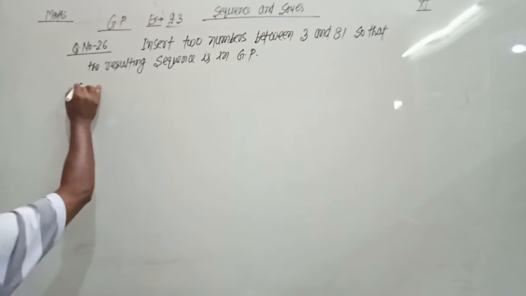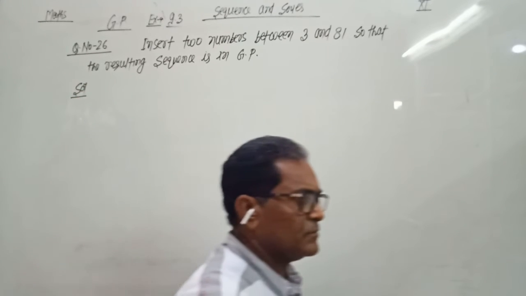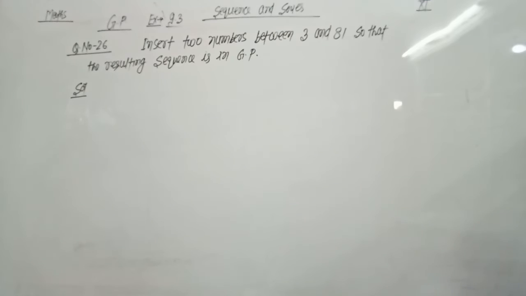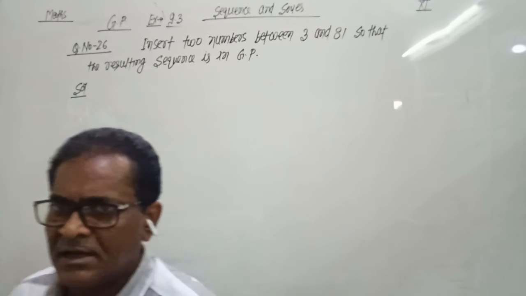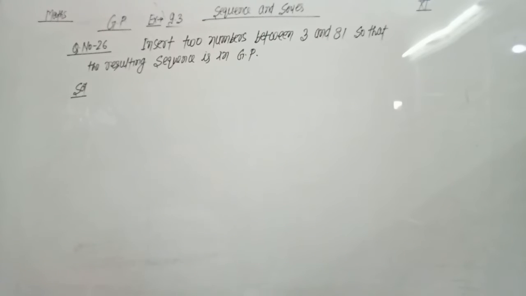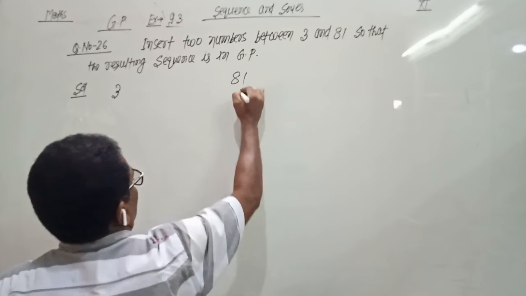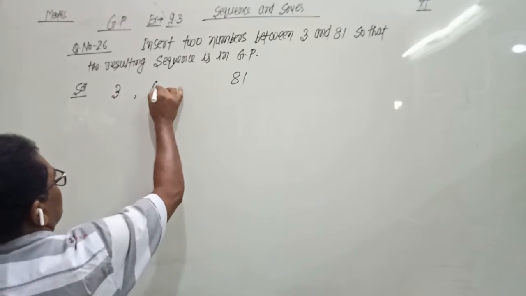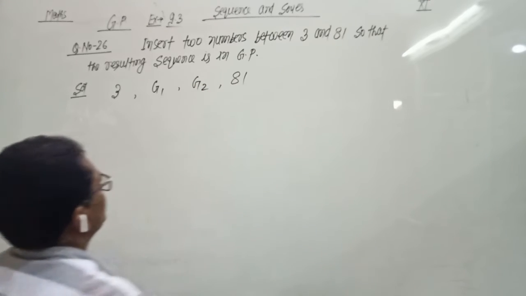So we are given two numbers 3 and 81 and we have to insert two numbers between 3 and 81 such that the resulting sequence is in GP. Suppose the two numbers inserted between them are G1 and G2.